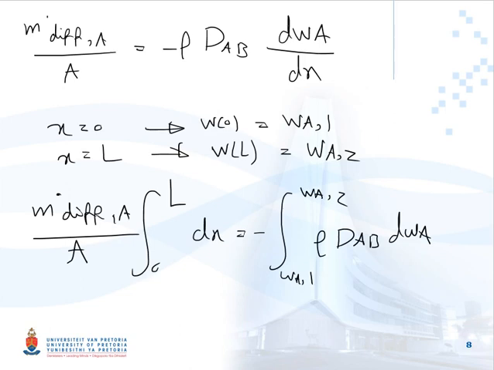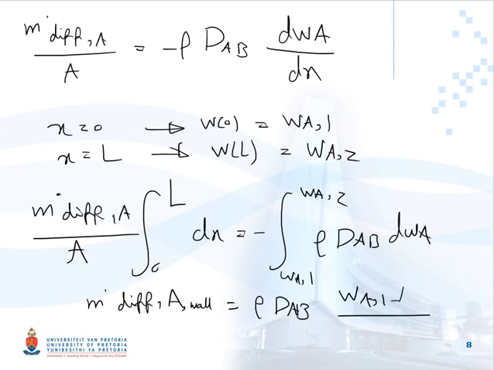So basically m dot diffusion of A through the wall is equal to rho D_AB (WA1 minus WA2) divided by L. L came from here, and after that we put it on the other side.